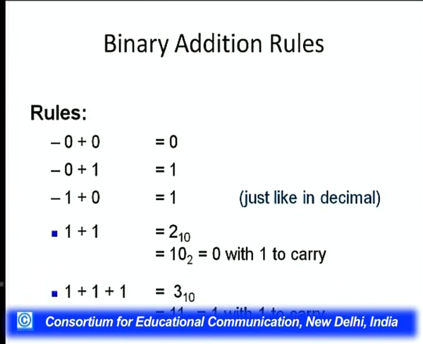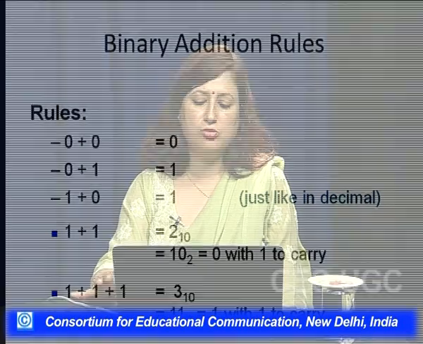So you write 1 as the number, and the other 1 you carry over. So basically the rule remains the same, that is when the sum of the two numbers is more than the base, that is more than 2, you subtract the base from the sum, and the difference you write as the number and you carry over 1.